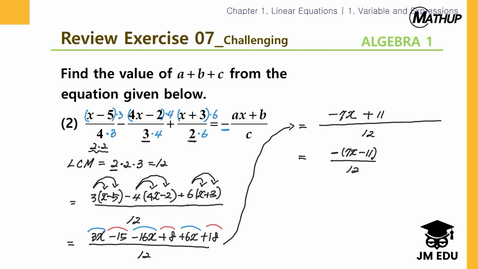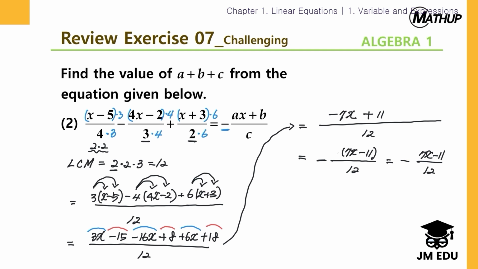So I'm going to put this minus right here. Okay, so that is equal to minus 7x minus 11 over 12.